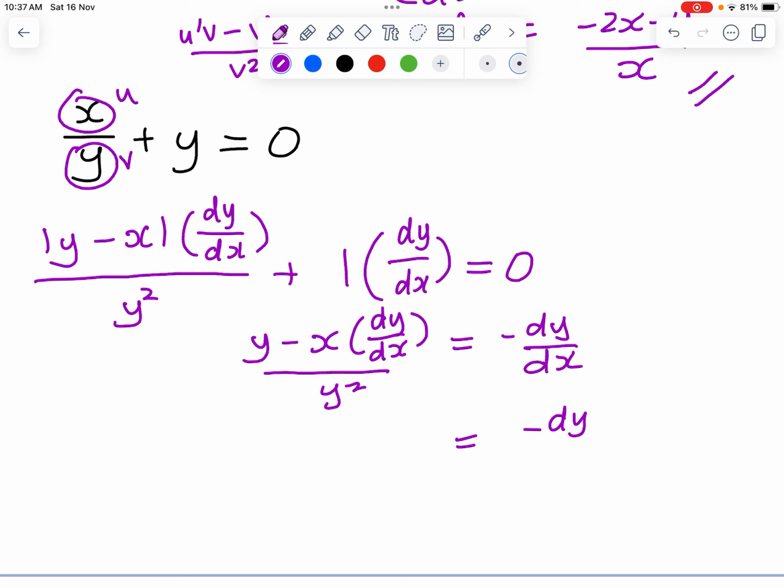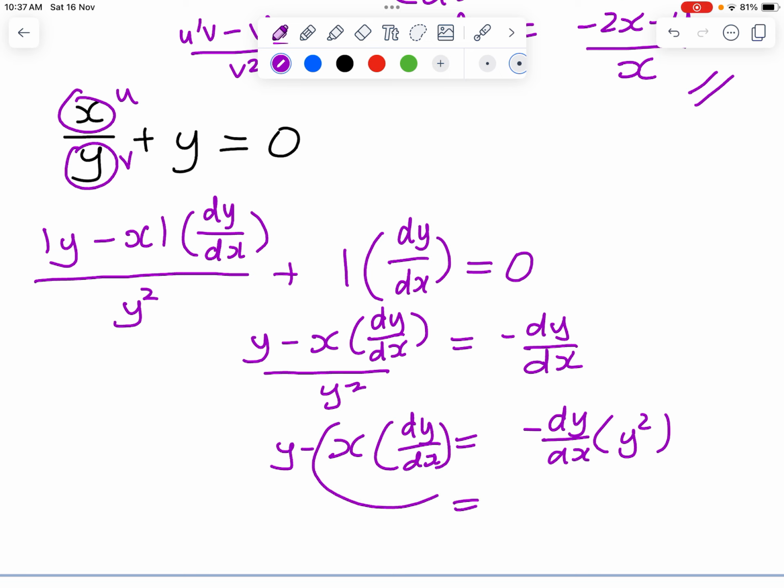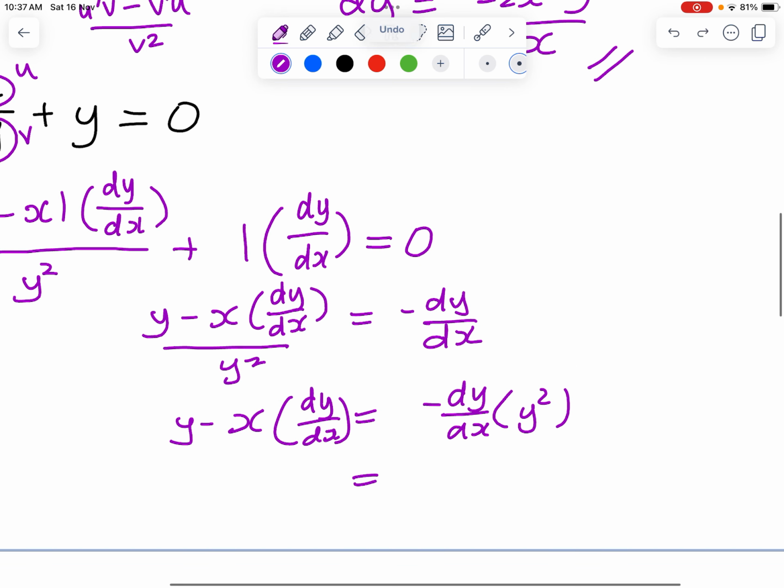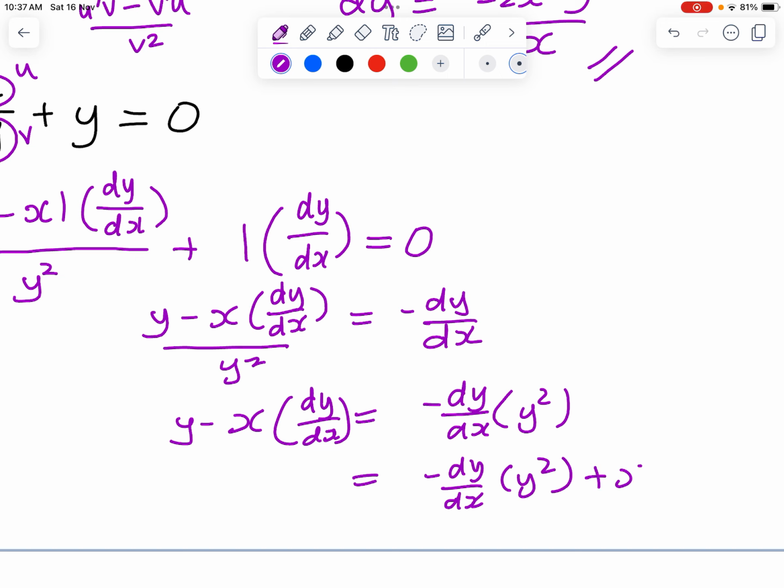So negative dy by dx multiplied by y squared, we get y minus x times dy by dx. And so now let's also move this to the other side. So negative dy by dx y squared plus x times dy by dx equals y.